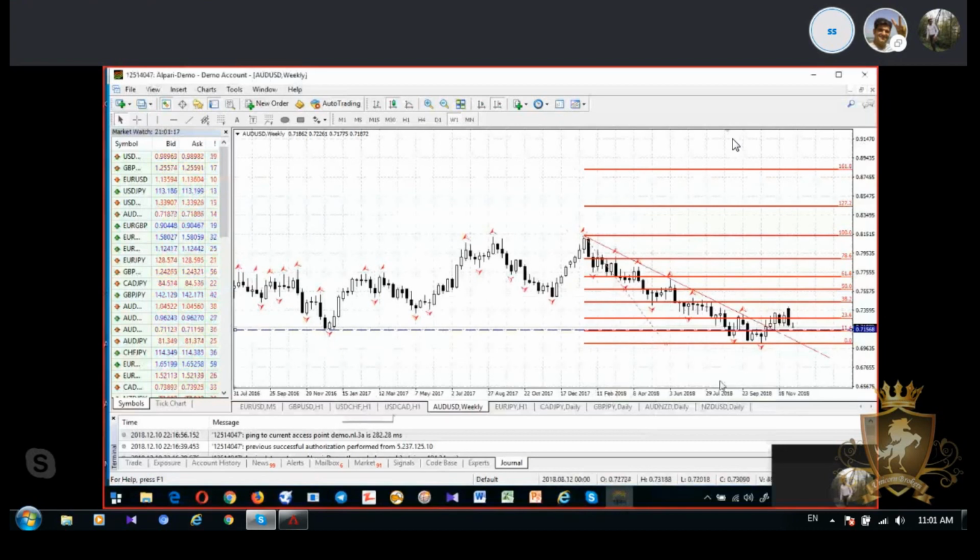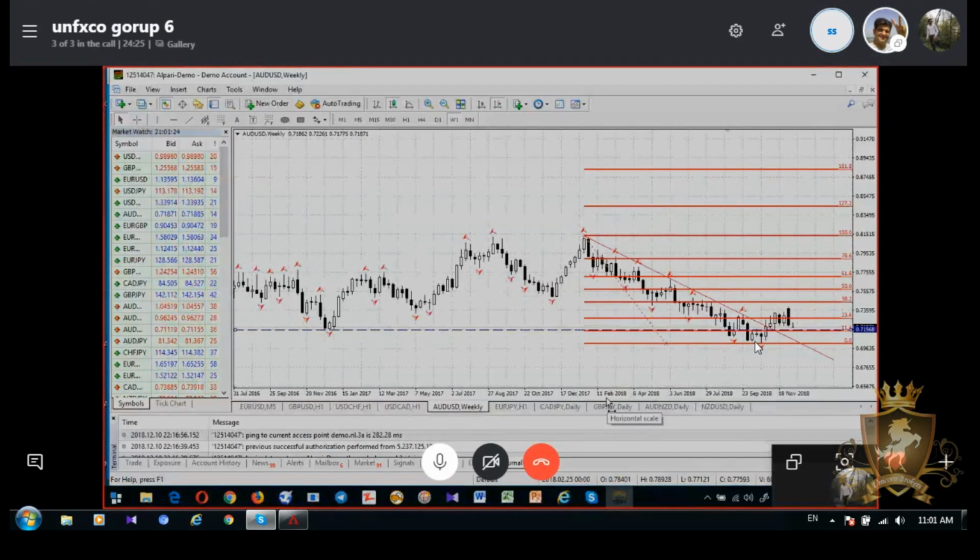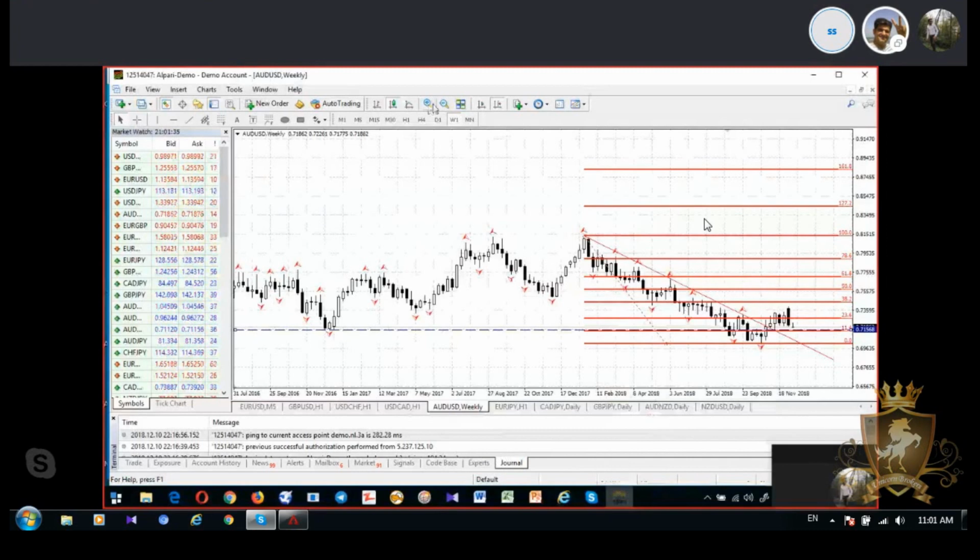The date is between the 11th of September and the 11th of November. Is the last fractal, the last high at the bottom of the market, the last high that has been formed.